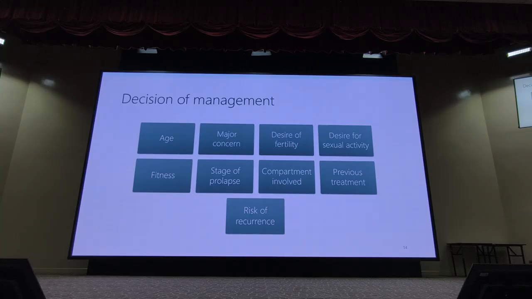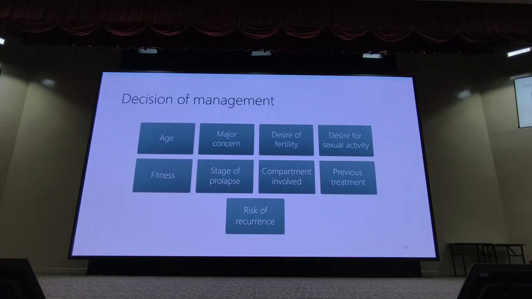The stage of prolapse, and what are the compartments involved. Again, stress on this. Has this prolapse been treated before? Successfully treated and recurred, or never successfully treated? And what are the potential complications that may happen after the surgery?